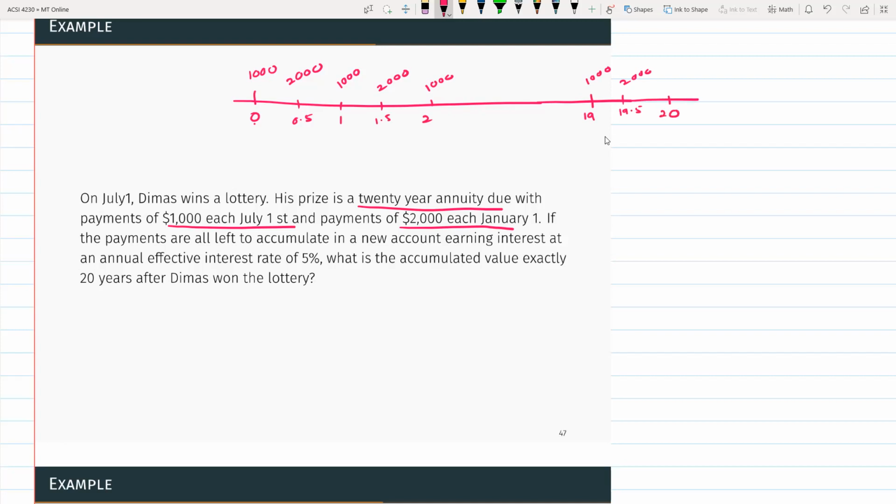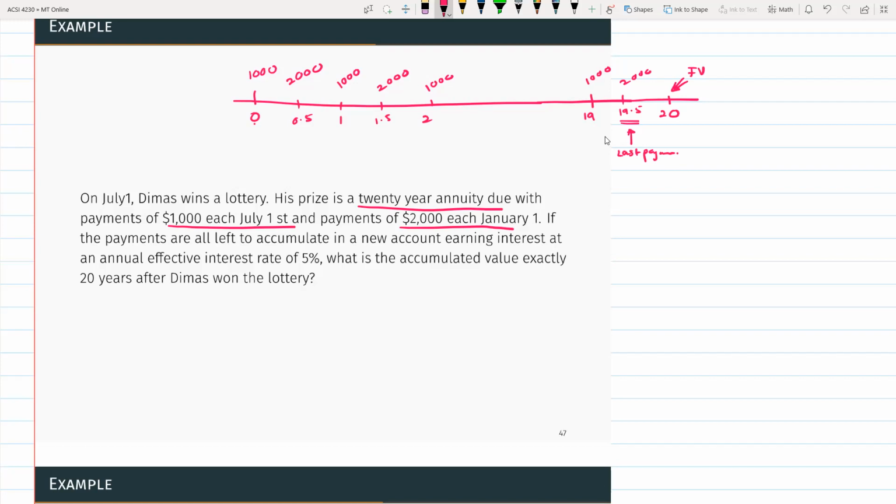Now, the question is not really telling us when the last payment is, but since it's a 20-year annuity, we will assume that the last payment would be at 19.5, so you get 20 payments of 1,000 and 20 payments of 2,000. So this would be the last payment, and then we want to know the value after 20 years, so the future value at this point.